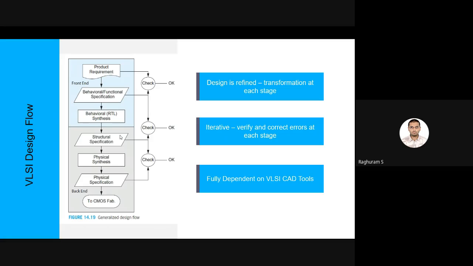But the problem is, as we have advanced more and more to the nanometer regions, the physical effects are dominating. So when you're looking at the layout level, which means that you're looking at the actual material of the transistor, not in terms of a circuit diagram or a transistor level diagram.